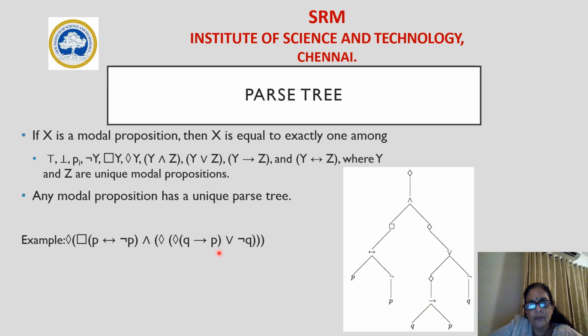On the left hand side of the disjunction, we have a box, where again within the parenthesis you have an implication with Q and P, and on the right hand side of the disjunction we have a negation Q. This is how a parse tree is generated. This is the manner in which we did it as part of propositional logic also, and this parse tree is going to be unique.